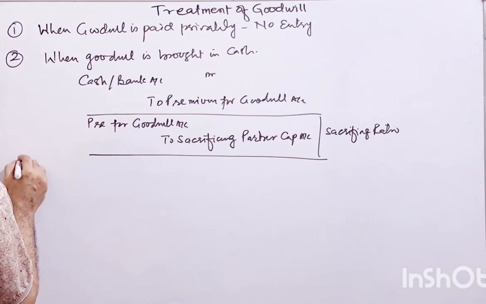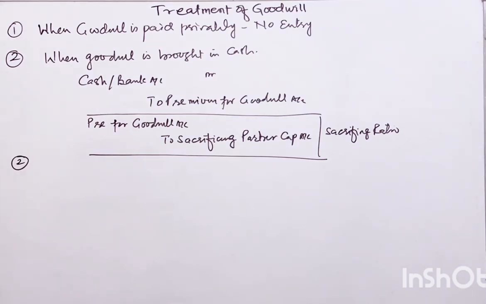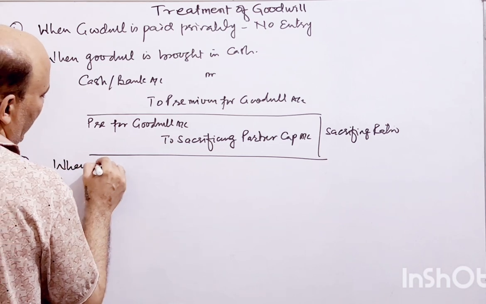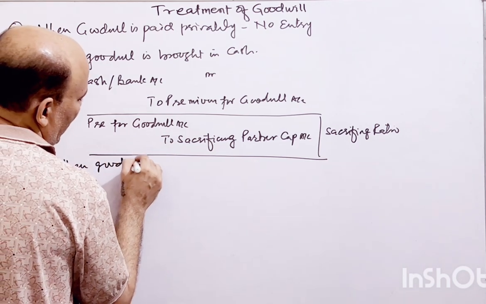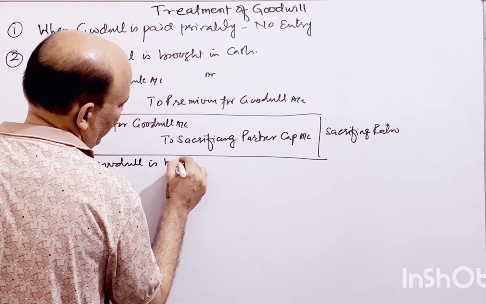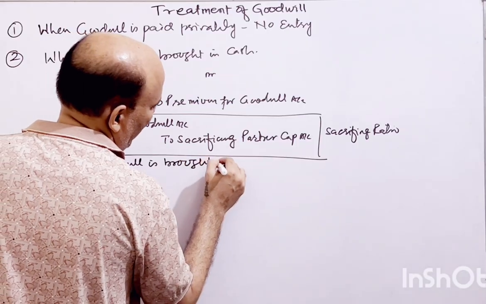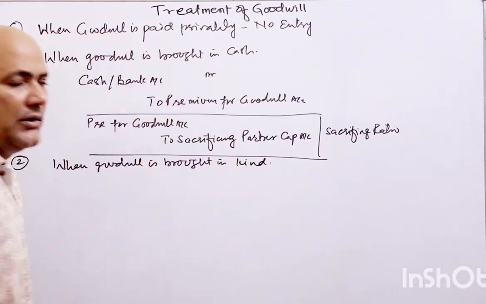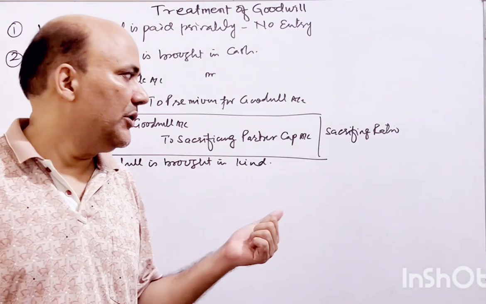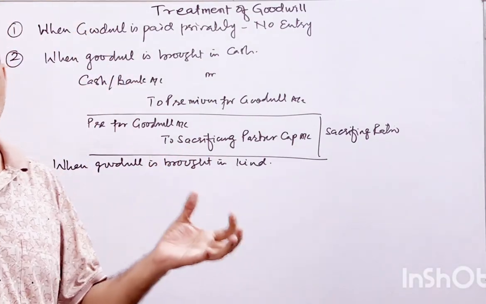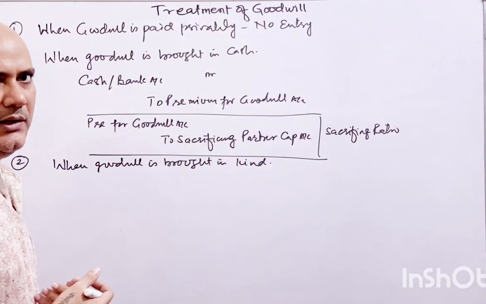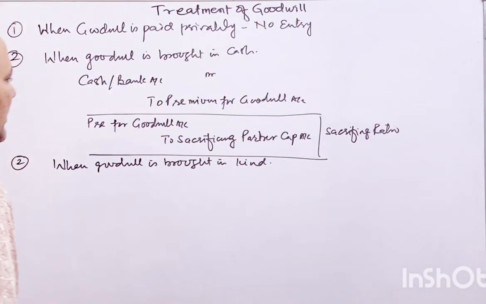The second thing is, when goodwill is brought in kind. So goodwill is not brought in by the partner in terms of cash, rather he is bringing in some kind of asset. He is allowing his asset to be used in the business.